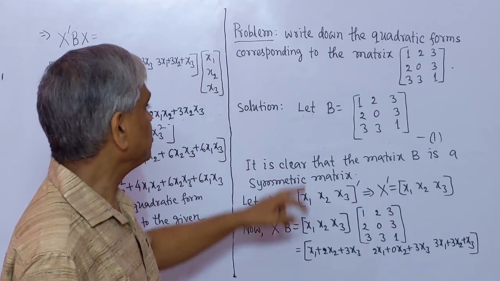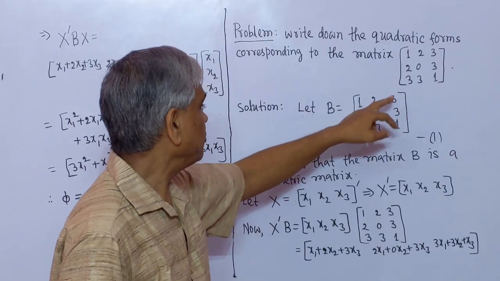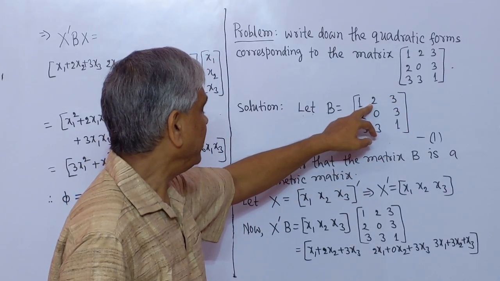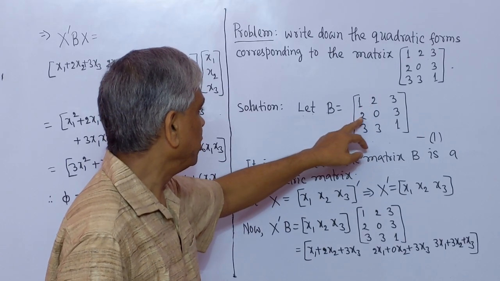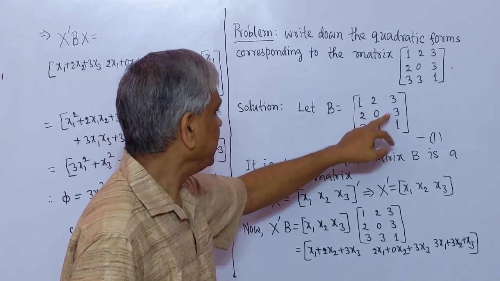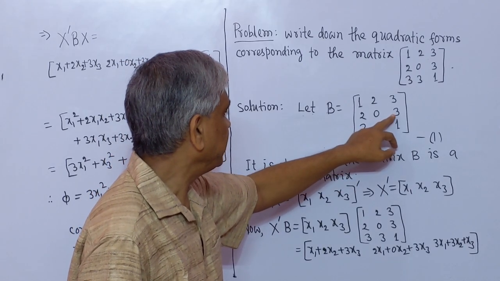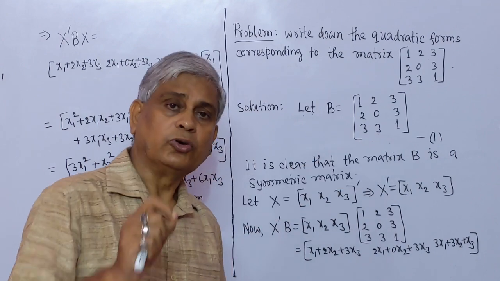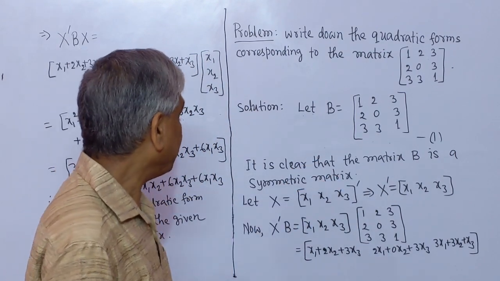Solution: let B be the given matrix. Here we see that A12 equal to 2 and A21 equal to 2, A13 equal to 3, A31 equal to 3, A23 equal to 3, A32 equal to 3. So it is clear that B is a symmetric matrix.